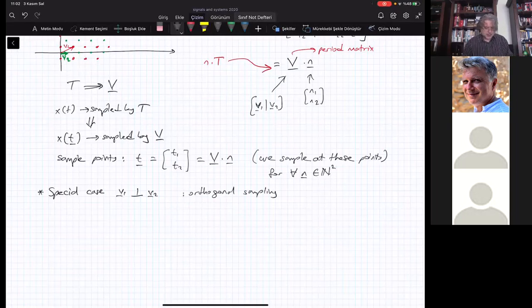And it's quite obvious. A good example of orthogonal sampling, which is almost always used in digital cameras for image acquisition systems, is V1 equal to [T1, 0] and V2 equal to [0, T2].